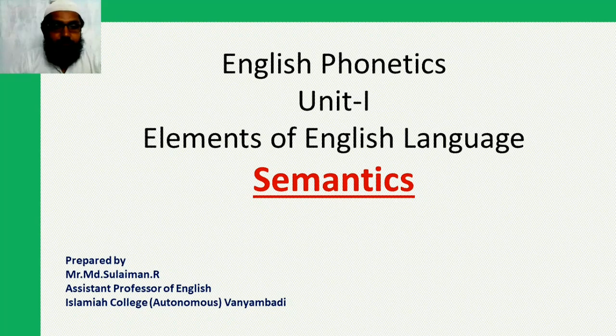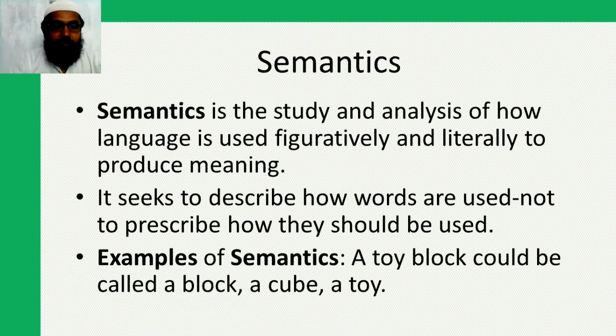So in this video, I am going to tell you about another element of English language, that is semantics. Let us see what is there in semantics. Semantics is the study and analysis of how language is used figuratively and literally to produce meaning.